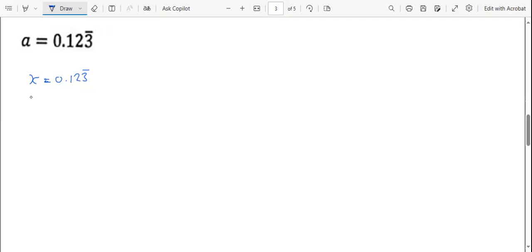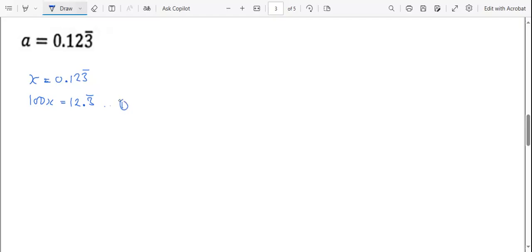So I'll say 100x is equal to 12.3 bar, because I have just moved those two. So the point has moved to here. This is equation 1.